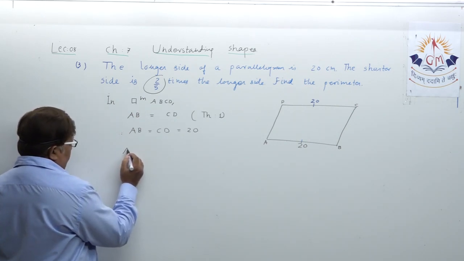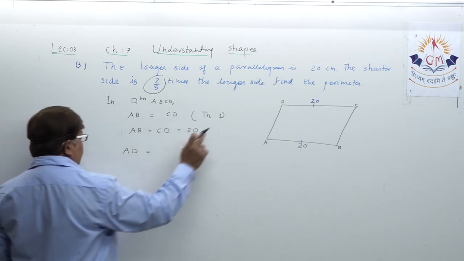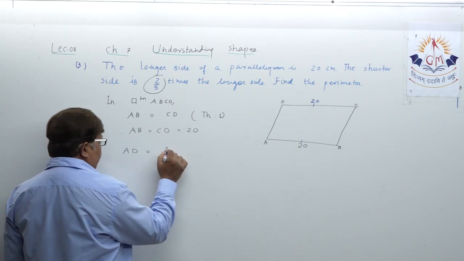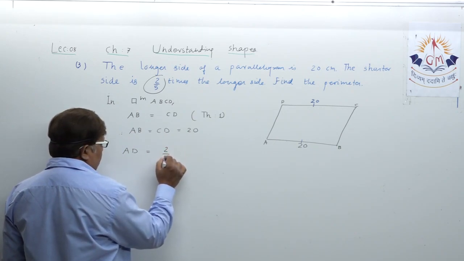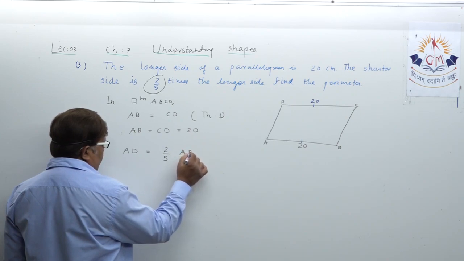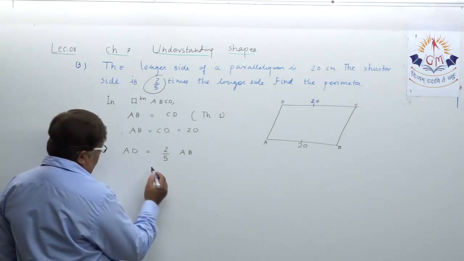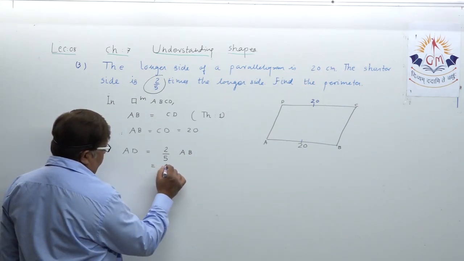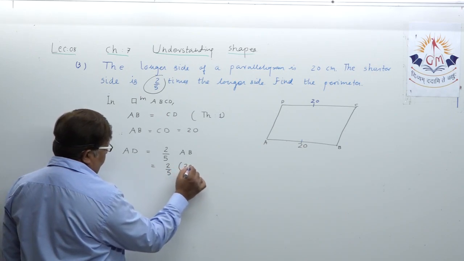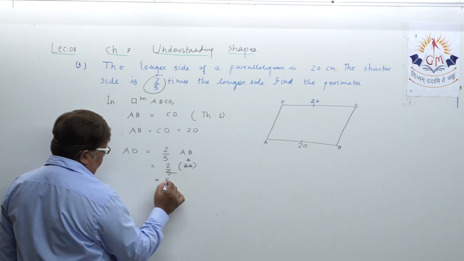I will write that AD is one of the shorter sides, which is 2 upon 5 times the longer side. That means AB. Let us write the value of AB. This is 20. Let us cancel. So this is 8.